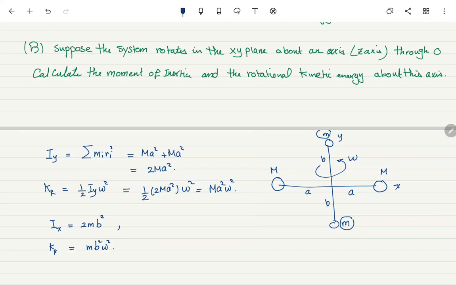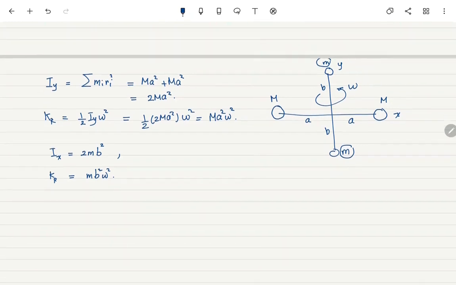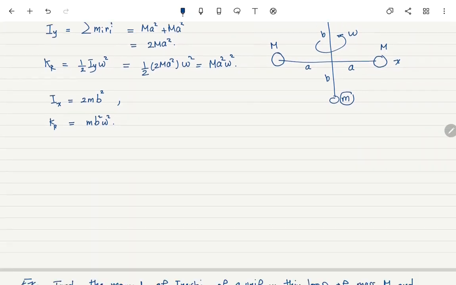Now to answer the second part of the question, the system rotates in the xy plane about the z-axis. In this case, let's just represent the situation. So these are the x and y coordinates, and the system rotates around the z-axis, as you can see here.